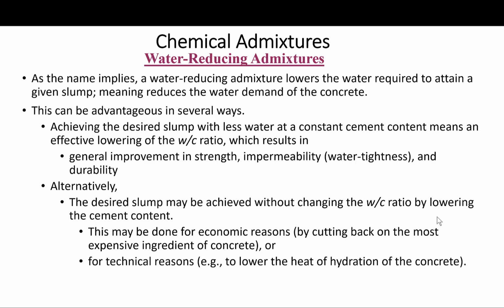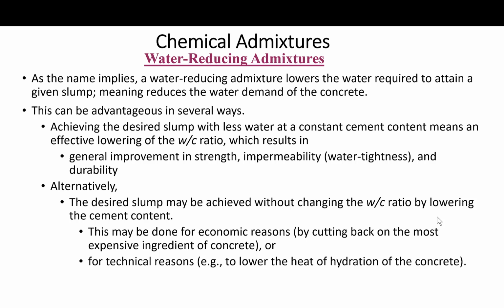Of course, as the name implies, a water reducing admixture lowers the water required to attain a given slump. That is, it reduces the water demand of the concrete. This property can be used to advantage in several ways.